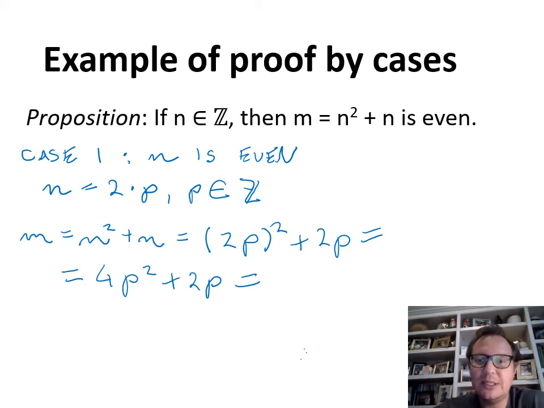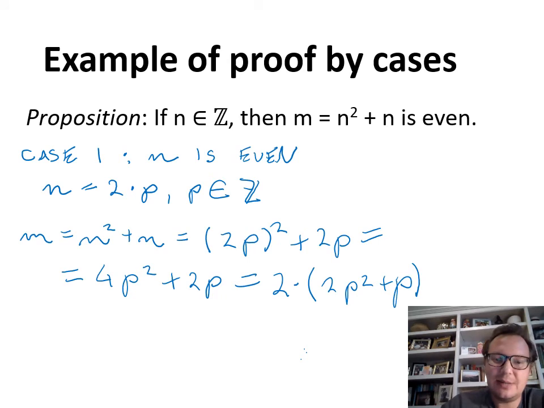Well, we want to show that that is even. So we want to leverage the definition of even numbers, and we want to try to get this into that format. So we pull out 2, and in the parentheses we have 2p squared plus p. Okay, we're almost there.